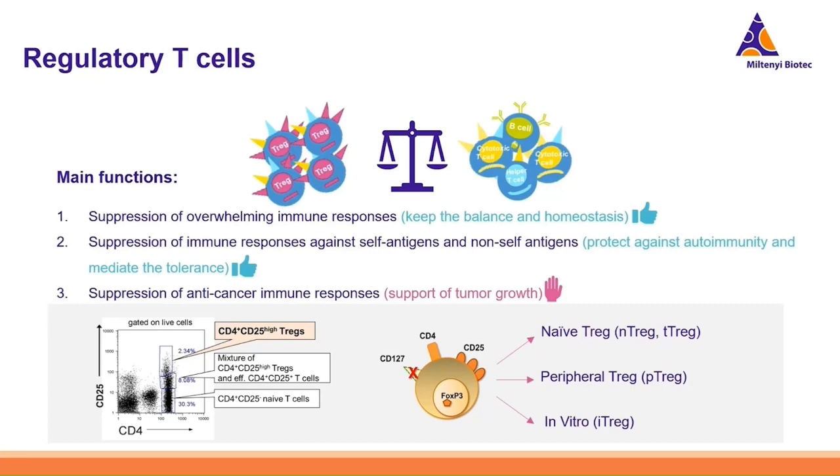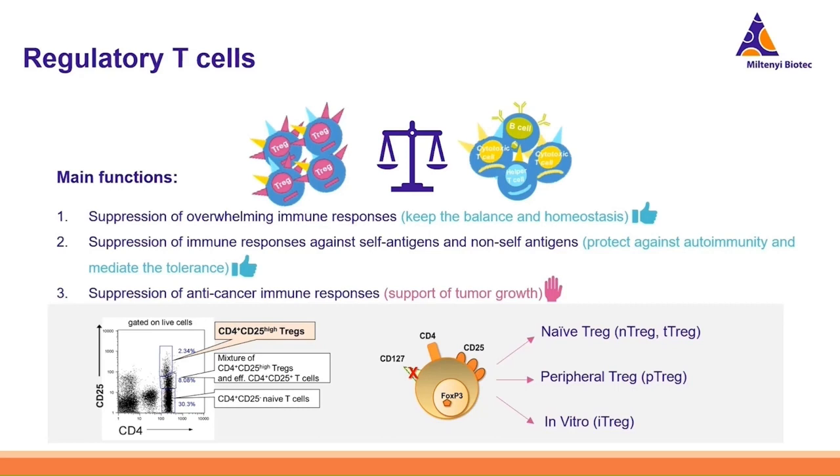And by this mode of action, Tregs actually protect against autoimmunity, and they are mediating tolerance. The third mode of action is unwanted, but I will name it here because it's very important for cancer therapies. Because of their mode of action, Tregs can also suppress anti-cancer immune responses and thereby support tumor growth, which is of course what we don't want.